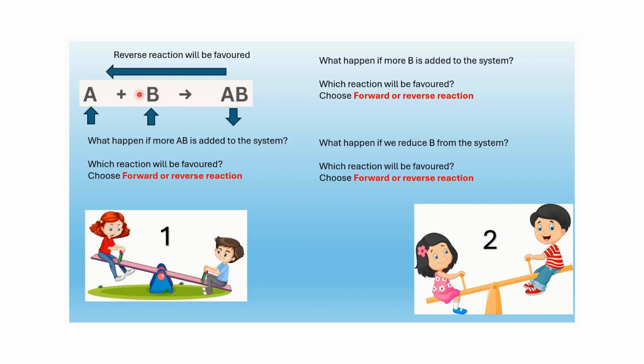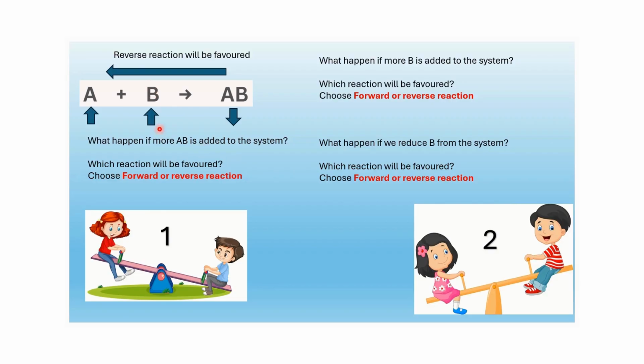So I want you to tell me which seesaw is going to be applicable here, seesaw number 1 or seesaw number 2, if we remove some of B. If we subtract or remove some of B, if you check it well, you will realize that the system cannot tilt like number 2. Why?